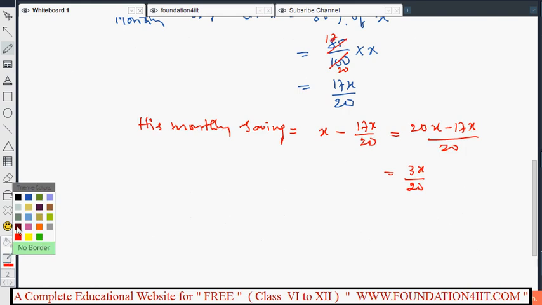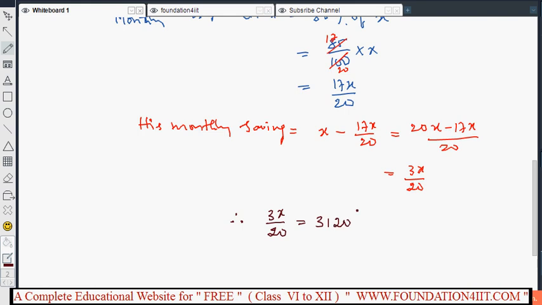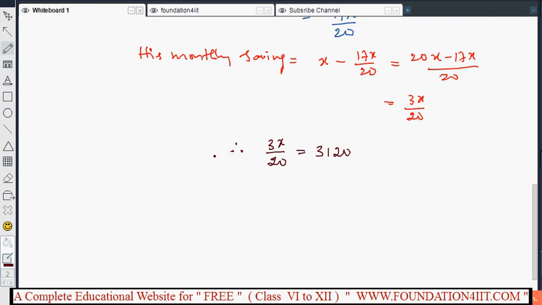Therefore, 3x by 20 is equal to 3120, because that's already we know it is saving. So from this you have to find out x value. X is equal to 3120 into 20 by 3.